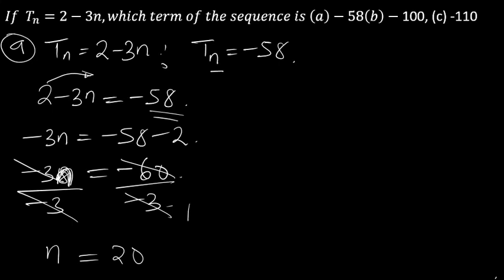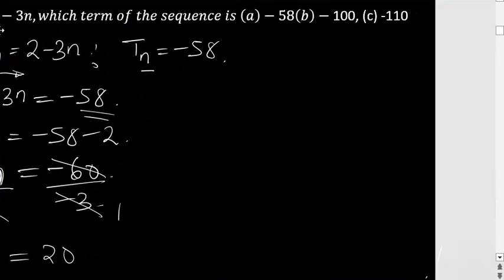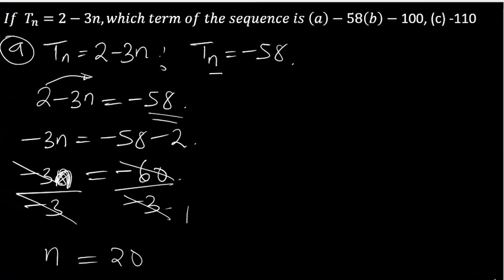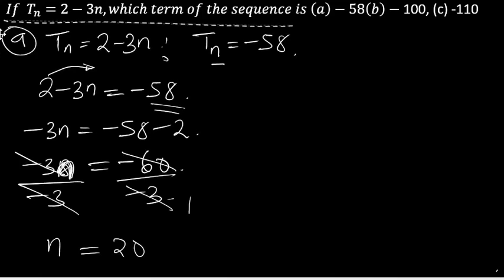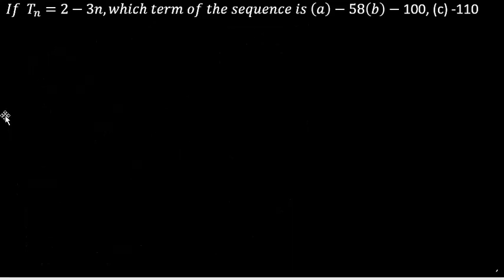Now let's solve the b part of the question. The nth term is equal to 2 minus 3n.